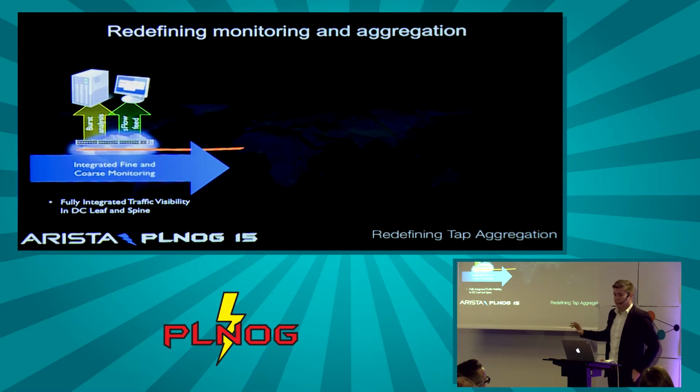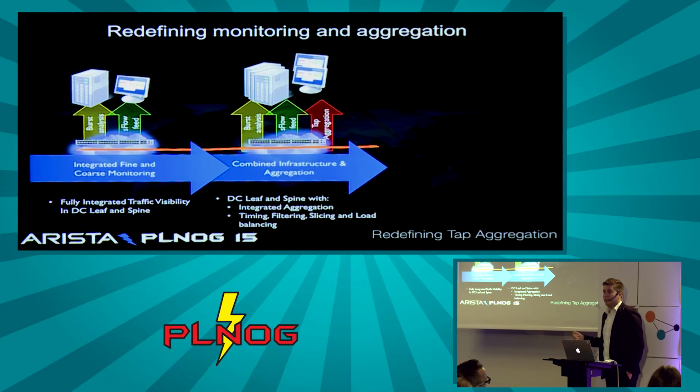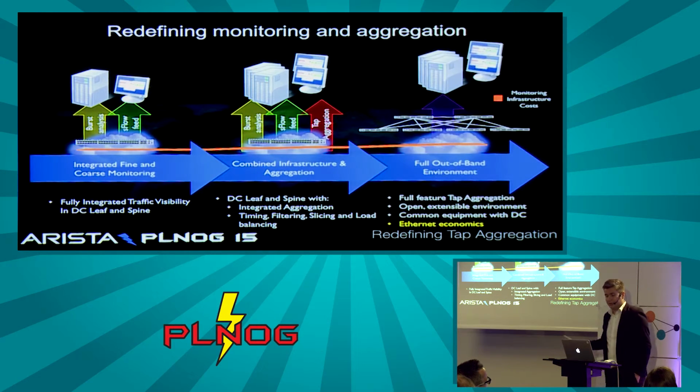So starting off with this combination of on-device monitoring and sFlow, we can then add on top of that this aggregation platform to allow us to selectively monitor data as and when required. And if we want to go really full, we can build a full out-of-band network such that any point, anywhere in the network, we can deterministically and very simply selectively monitor traffic.